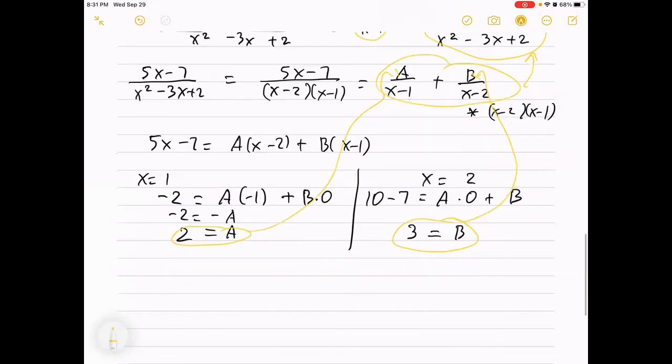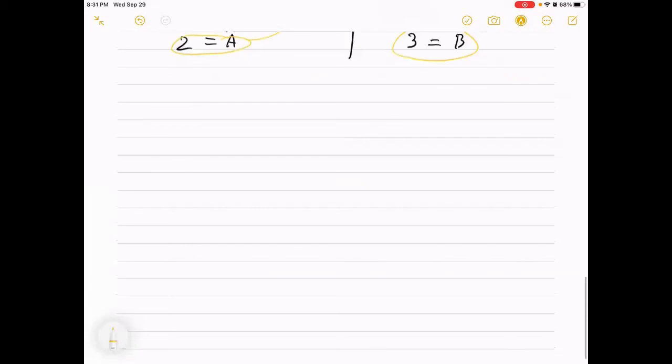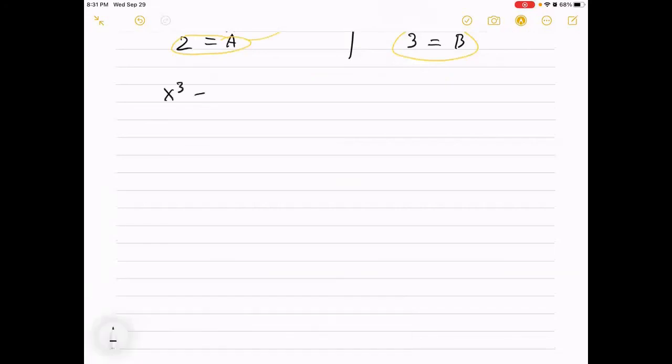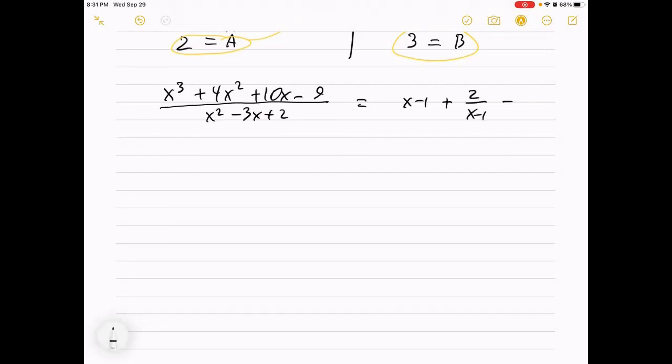So what we've got finally, down, is that our rational expression x cubed minus 4x squared plus 10x minus 9 divided by x squared minus 3x plus 2 equals x minus 1, that's what we got after long division, plus 2 over x minus 1 plus 3 over x minus 2. That's what we've got as the fractional decomposition.